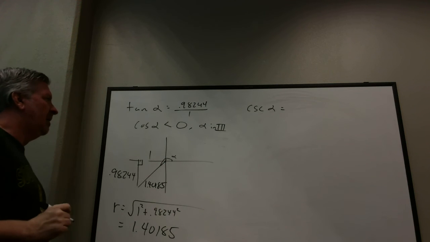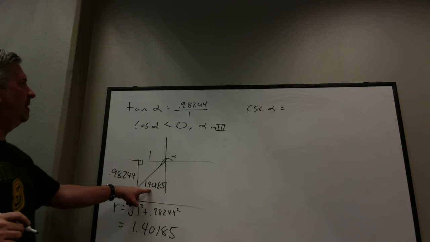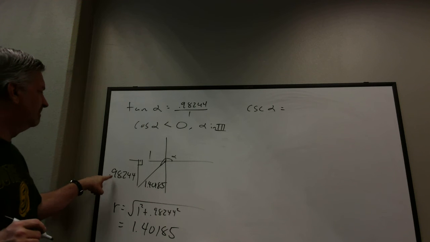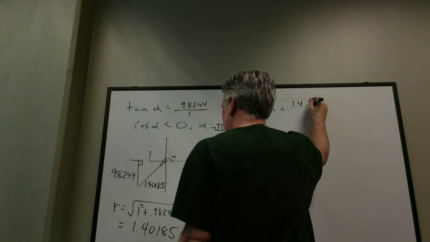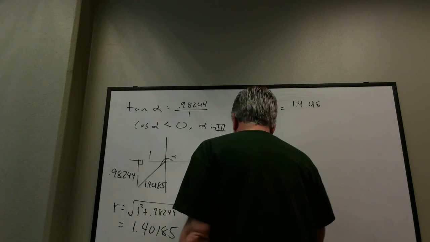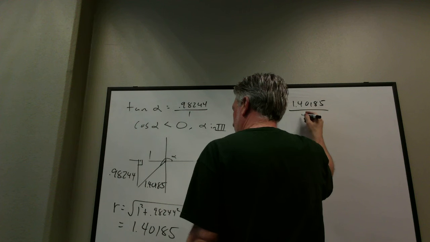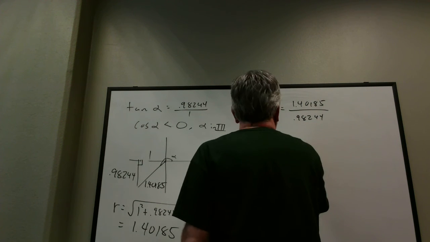1.40185. Well, so what's cosecant? What's the definition of cosecant? Cosecant is r over y, or hypotenuse over opposite, 1.40185 over 0.98244.